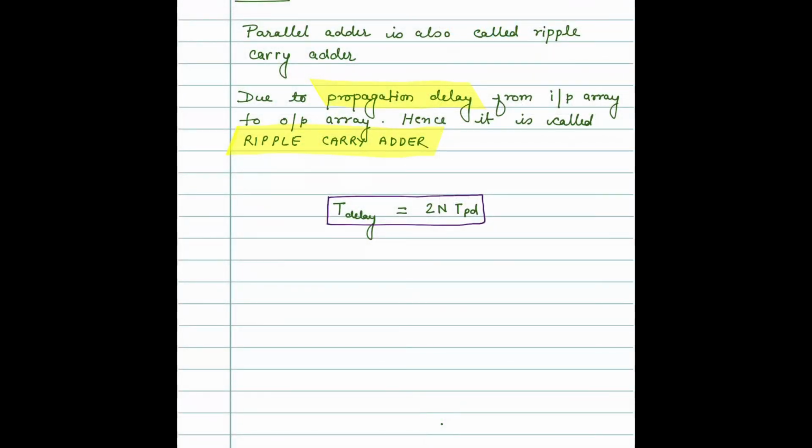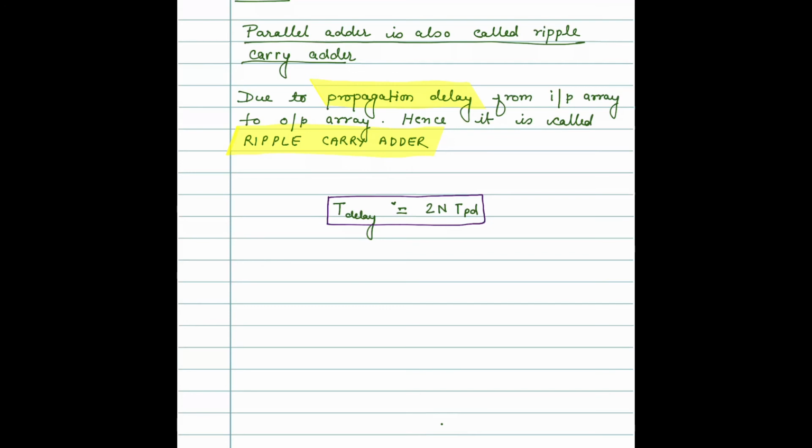Every parallel adder is also called a ripple carry adder due to the propagation delay from the input array to the output array. What does it mean? It means there is a propagation delay when the input array calculates the carry and forwards it to the output array.